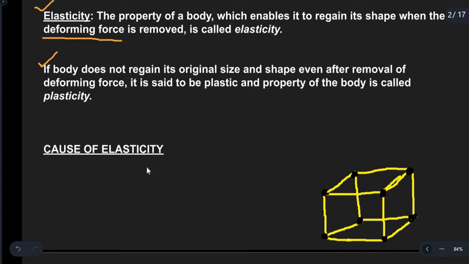So let me get into what is the reason behind this kind of behavior of matter. अब क्यों ऐसा हो रहा है, क्यों रबर बैंड अपने ओरिजिनल शेप साइज को अटेन कर ले रहा है आफ्टर remove the deforming force. Let's see. ताकि आपका टाइम वेस्ट ना हो, मैंने पहले से ही डायग्राम ड्रॉ करके रखा है. What is this?